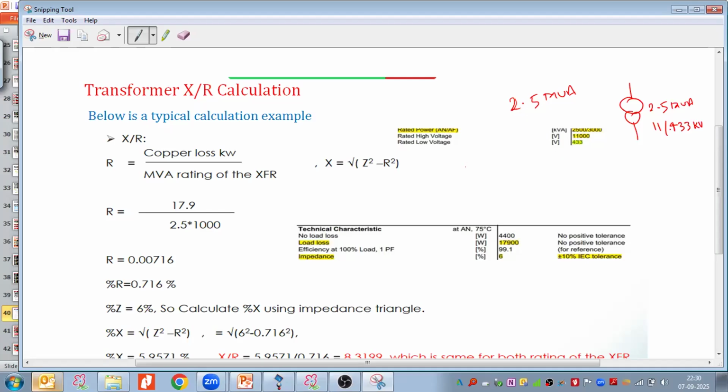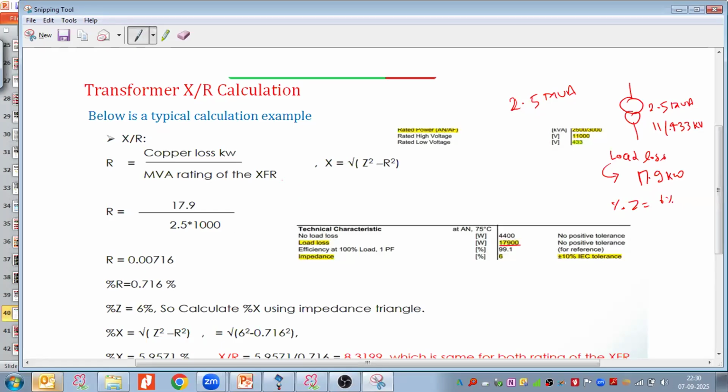Okay, and let us take the transformer full load loss, which we get from the transformer data sheet or technical data sheet, which is 17.9 kilowatt. And let us take the transformer percentage impedance of 2.5 MVA as 6%.